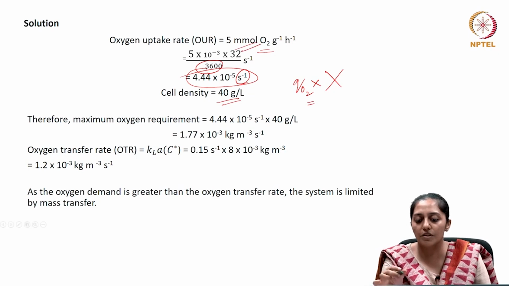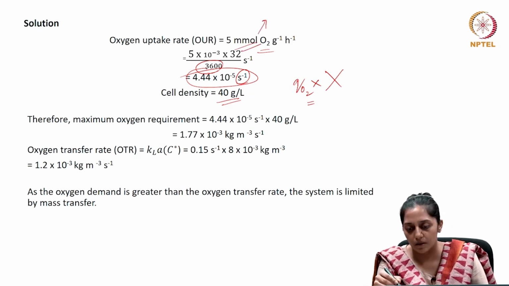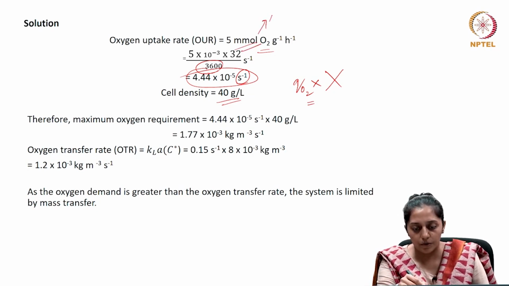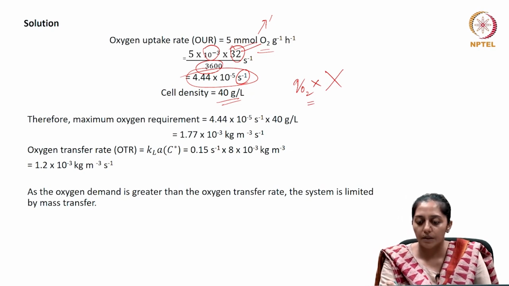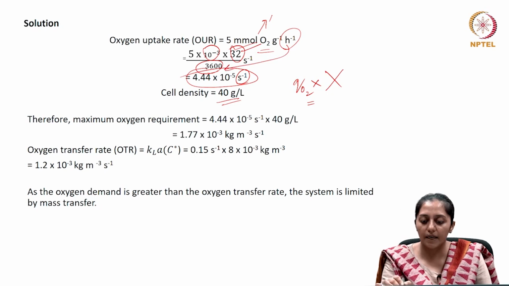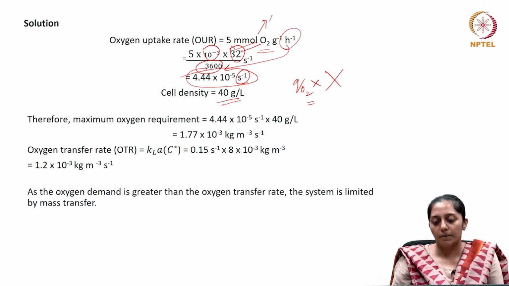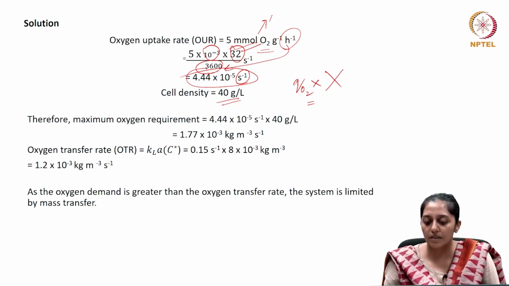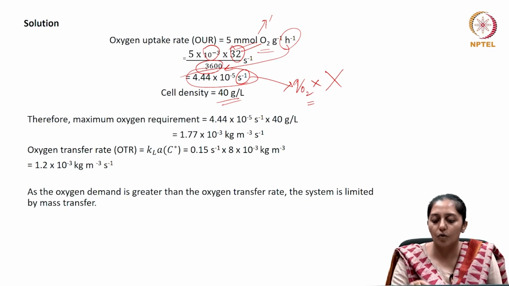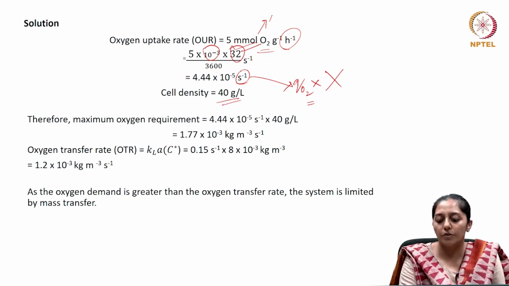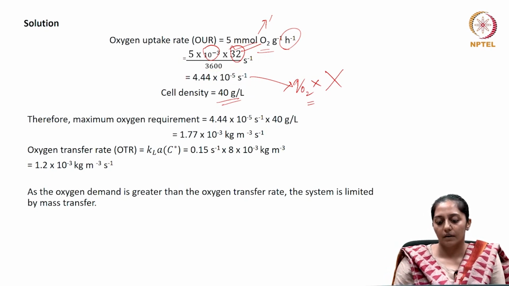Millimole of oxygen has been converted to grams, so into 10 to the power of minus 3 is moles and 32 is the weight of oxygen per mole, and hour has been converted to seconds by multiplying it with 3600. So, ultimately it comes out to be in terms of seconds inverse 4.44 into 10 to the power of minus 5.